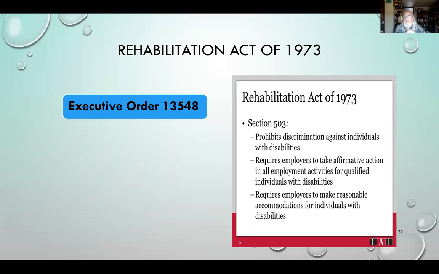But this one here prohibited discrimination against anybody with a disability. And then employers should take affirmative action, again, have a plan to deal with it, and make sure you're not just ignoring disabled people because you don't think they can work or do the job, but you're finding room in your employment and in your company for these disabled people who are qualified to do the job.